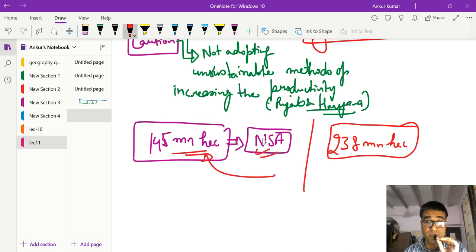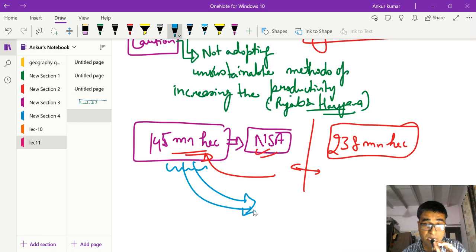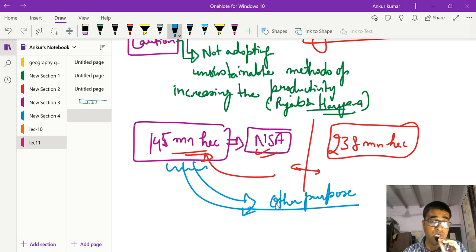Now it is very simple from these two figures that someday land from this 145 million hectare has to be transferred to other purposes, whether it is for urbanization, for mining, for highway construction. So this land will decrease.